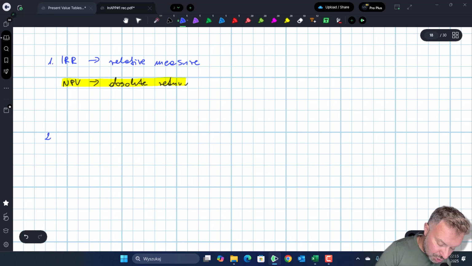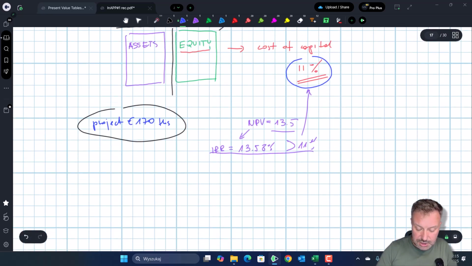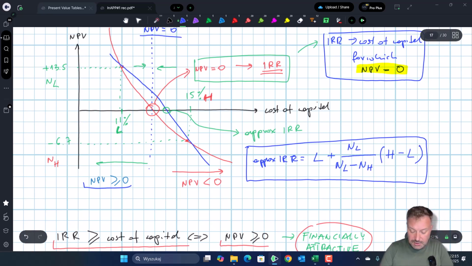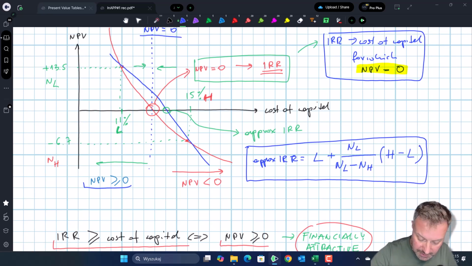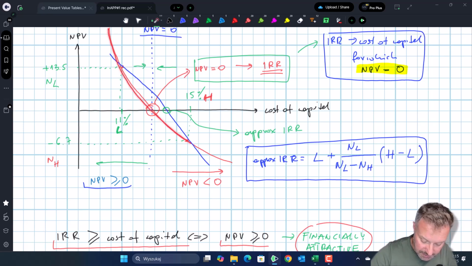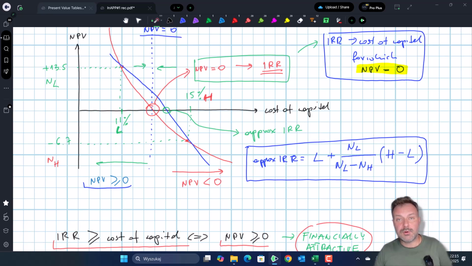The second issue that I want to present to you is the fact that not for all investment projects can the relationship between the NPV and the cost of capital be shown with such a line. As a matter of fact, some investment projects have quite complex schemes of cash flows.